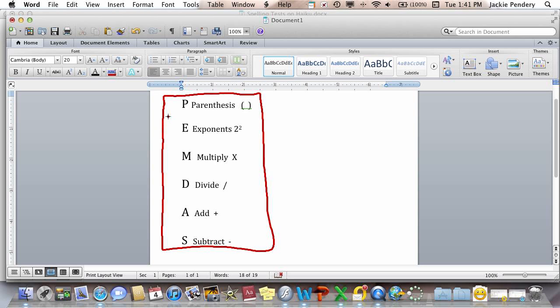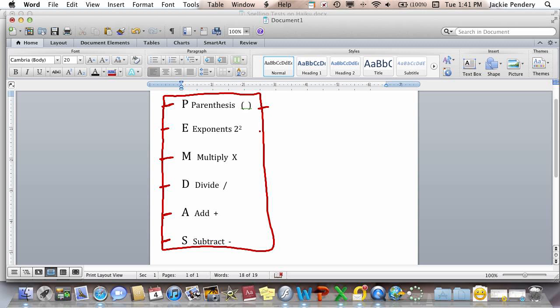So PEMDAS stands for parentheses, exponents, multiplication, division, addition, and subtraction. So when you see a math problem with all or some of these components, you solve them in this order. First, you do the parentheses, whatever is in parentheses.